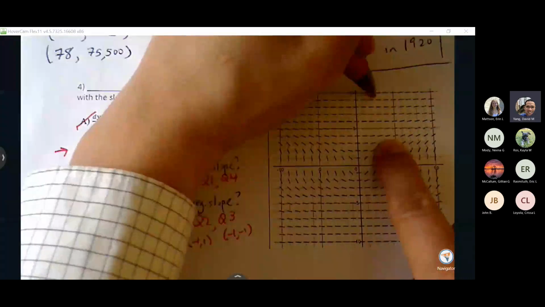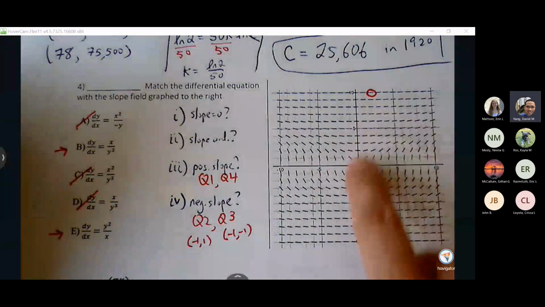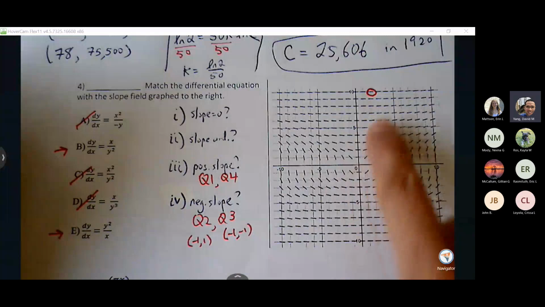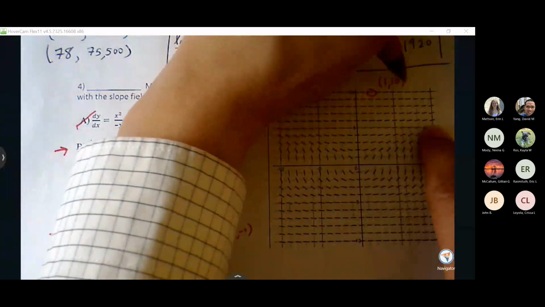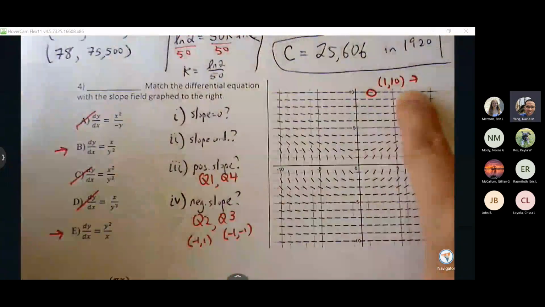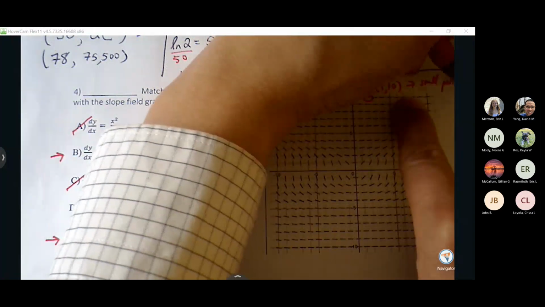So I know that as my y value is increasing, it doesn't matter what the x is. Whenever my y value is increasing, it's always getting closer to 0. So for instance, this ordered pair here, 1, 10, I should be getting a very, very small positive value.